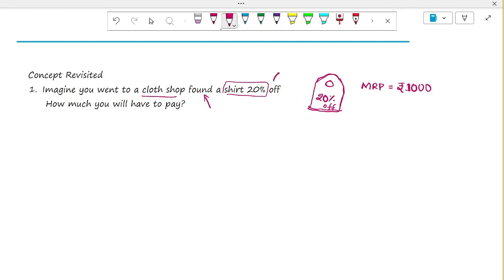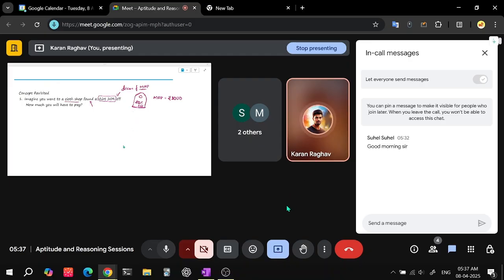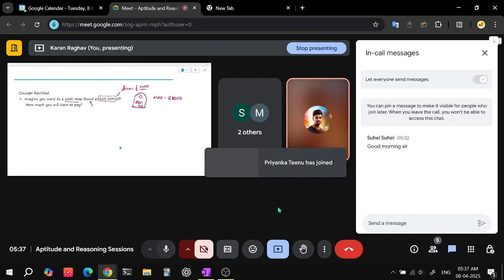Off is nothing but a discount on MRP. So how will you calculate this? How will you know what is the actual cost? Can you try to solve and tell me what is the actual cost of this particular shirt?